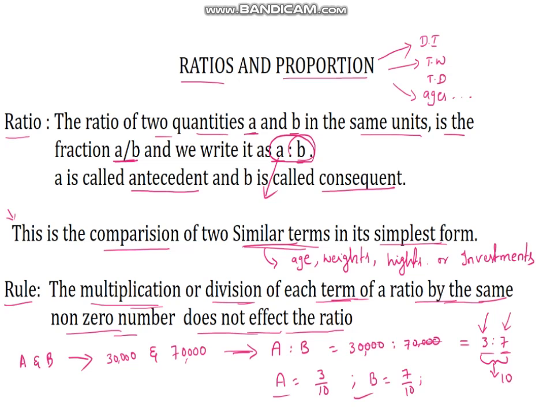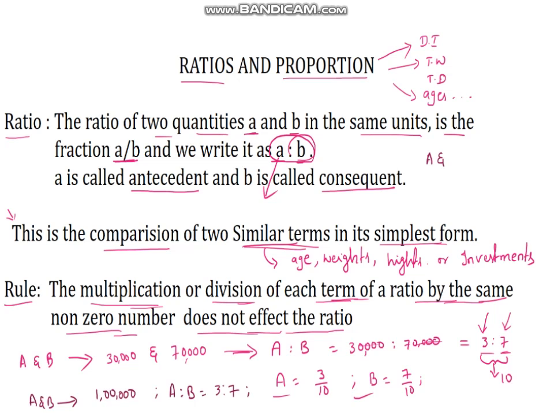Suppose sometimes in the exam they give the total investment. Let us take an example. The total investment of A and B is 1 lakh rupees, and the investments are in the ratio A is to B, we will take this ratio only, 3:7.